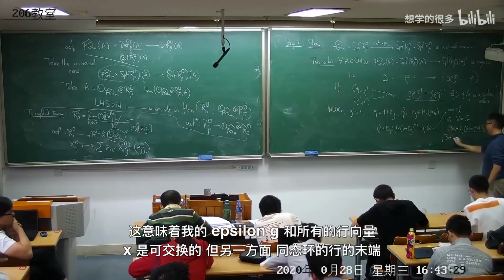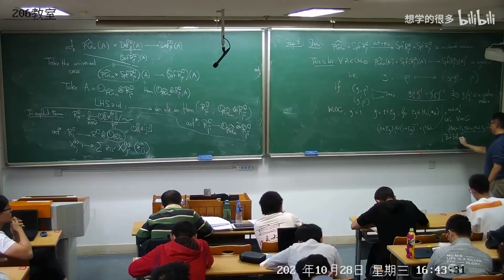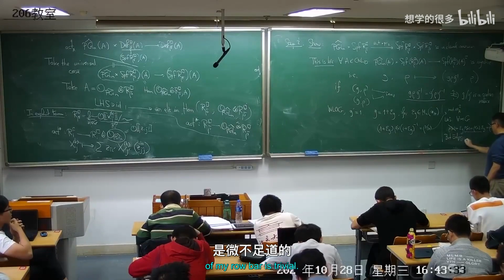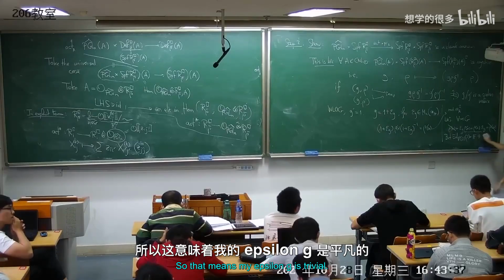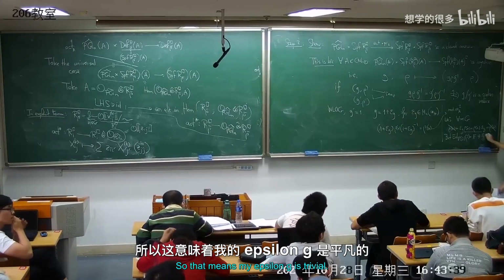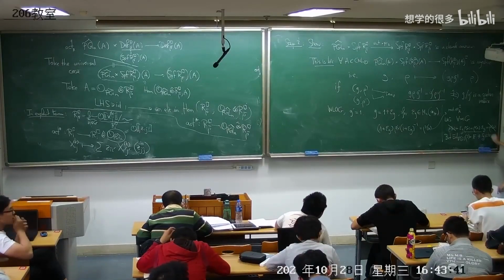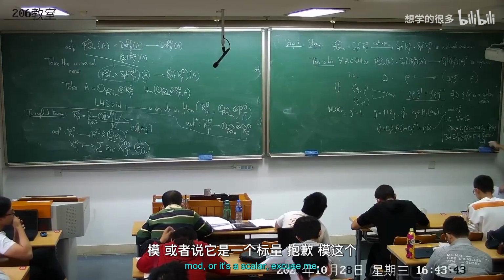But on the other hand, the endomorphism ring of my rho bar is trivial. So that means my epsilon g is a scalar mod this.